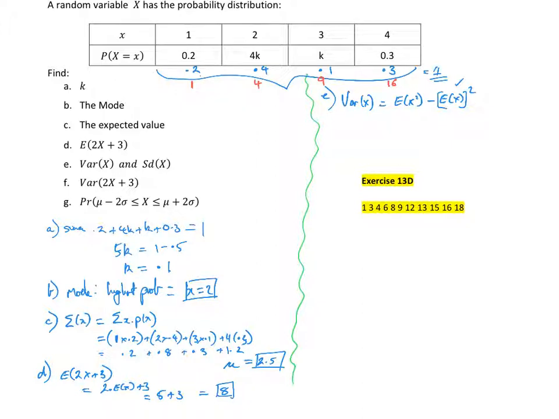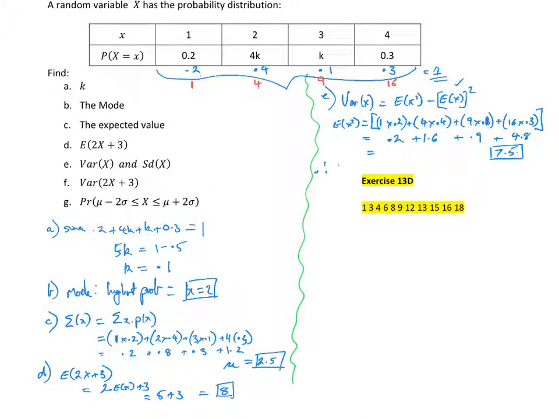Now the expected value of x squared is 1 times 0.2 plus 4 times 0.4, plus 9 times 0.1, plus 16 times 0.3, which is 0.2 plus 1.6 plus 0.9 plus, well, 3 16s are 48, 1 decimal place, so it's 4.8. So we get 1.8, 2.7, 7.5.